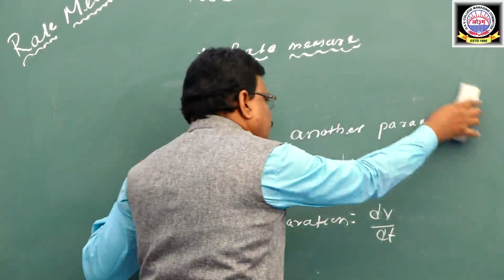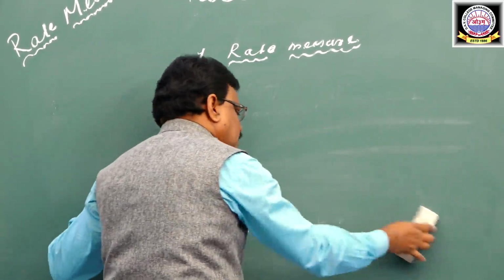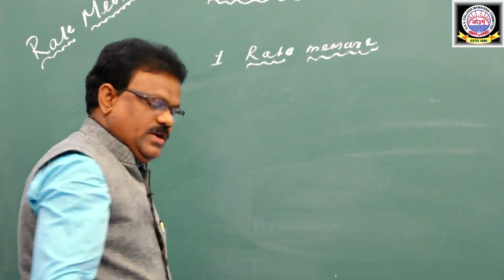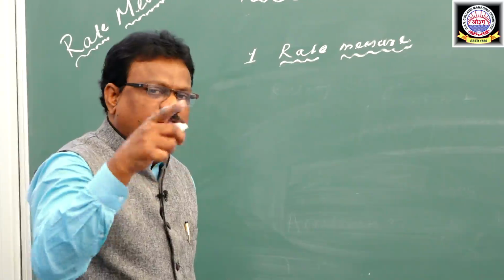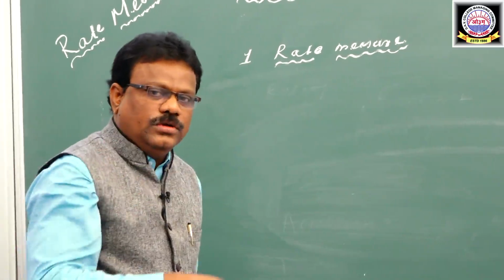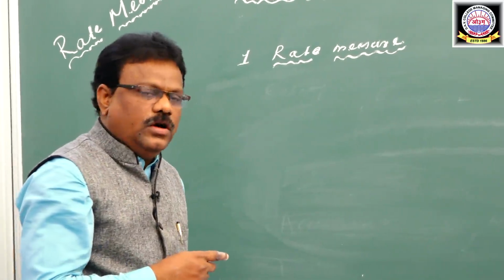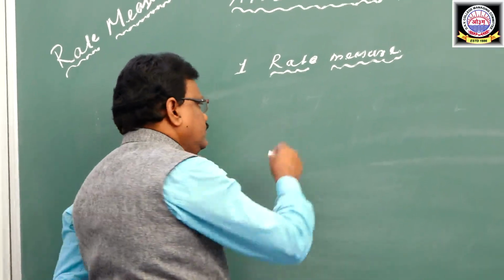Let us come to your mathematics. What does the mathematics say? Suppose, how is this derivative related to rate measure or rate of change of something?